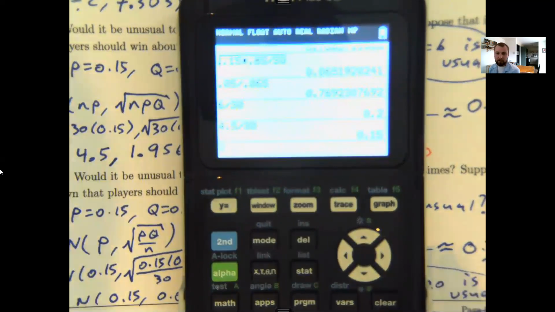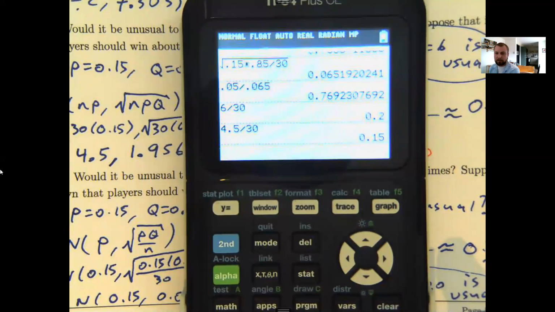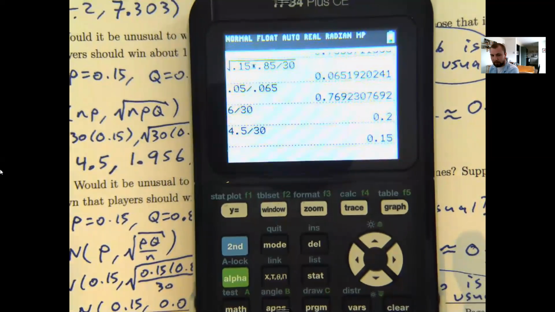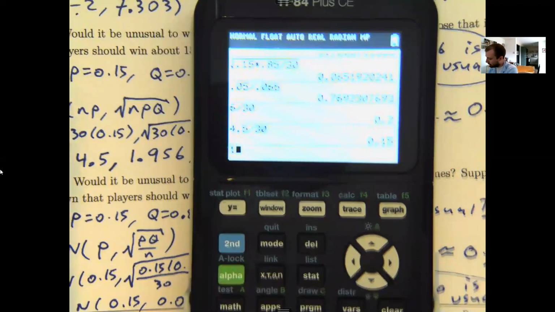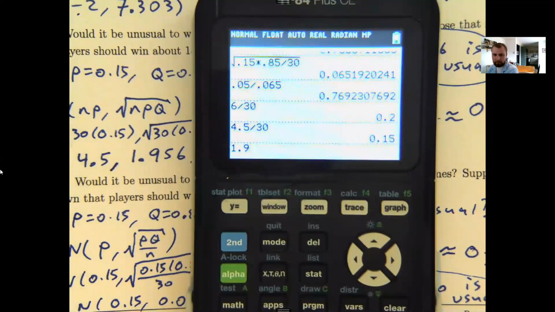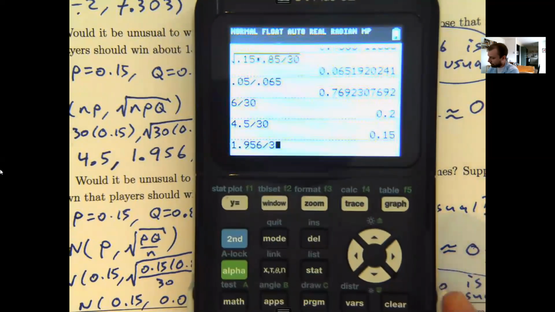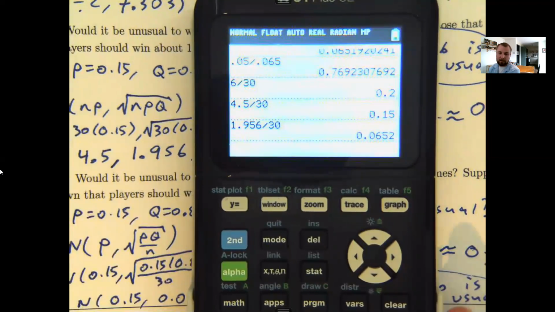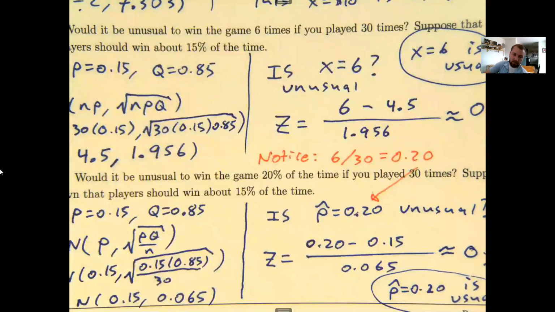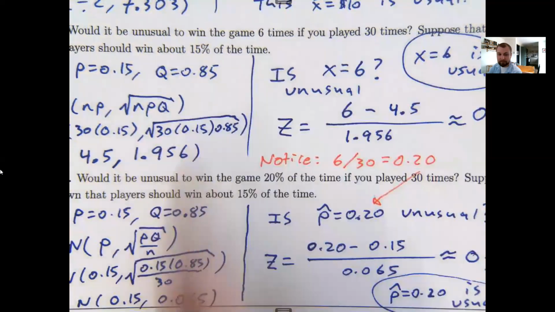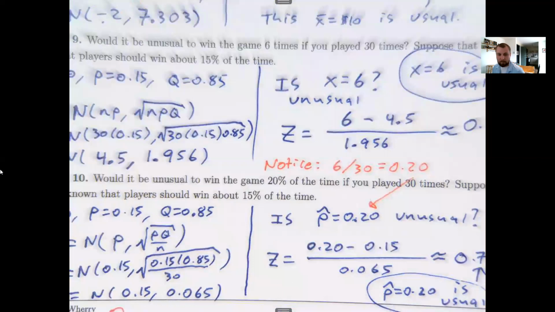Let's look at the next one. I've got 1.956. If I divide this by 30, I get my standard deviation of 0.0652 or so.